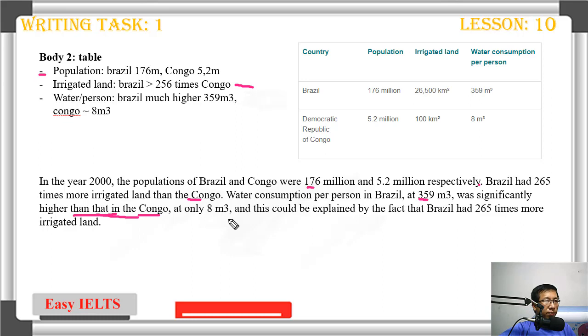And this could be explained by the fact that Brazil has more irrigated land. Okay, we add this sentence to make our essay sound nicer: this could be explained by the fact that Brazil had 265 times more irrigated land. So that is body 2.